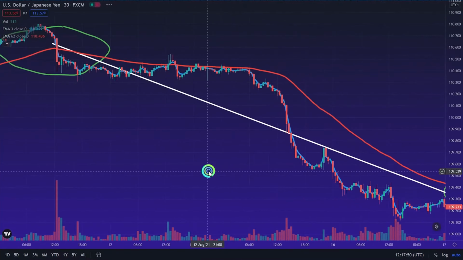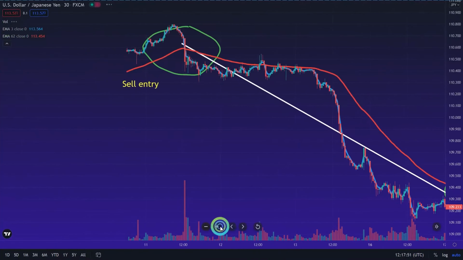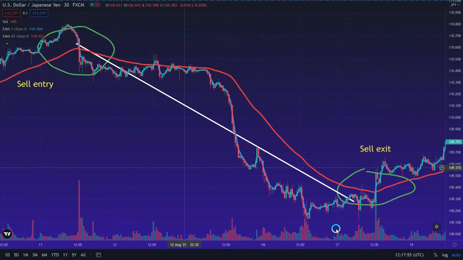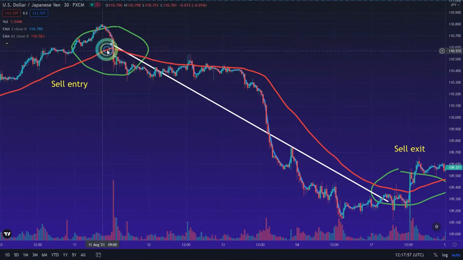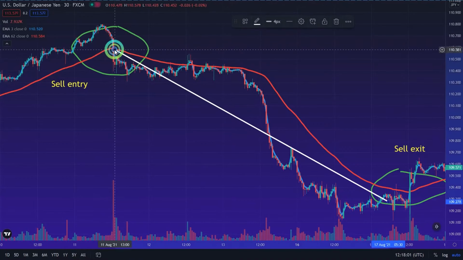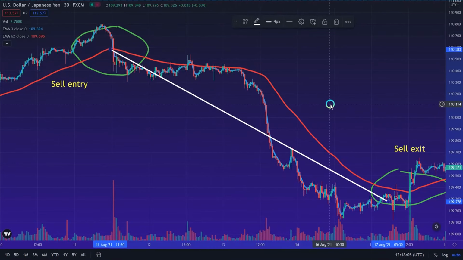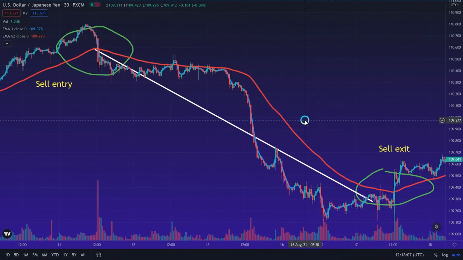Basically, it is the longest trade that the algorithmic test I did showed me, and I wanted to show it to you because it is just interesting.